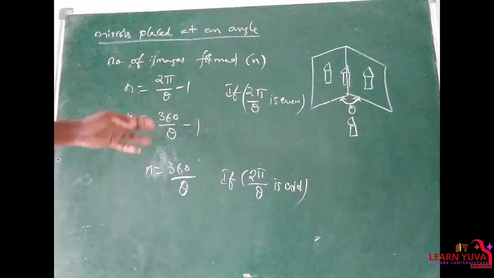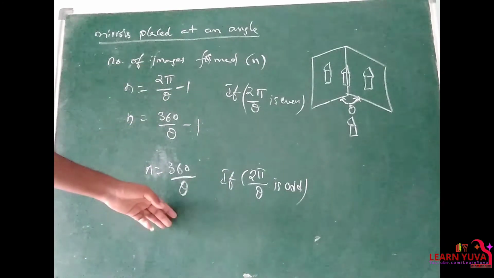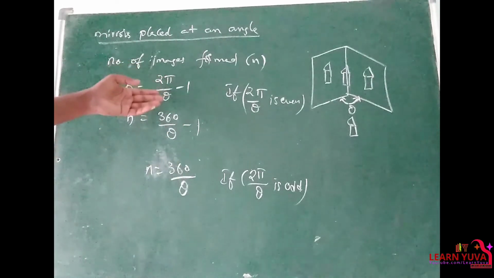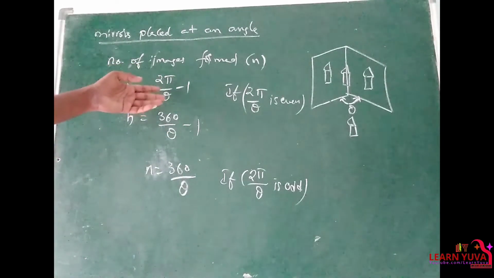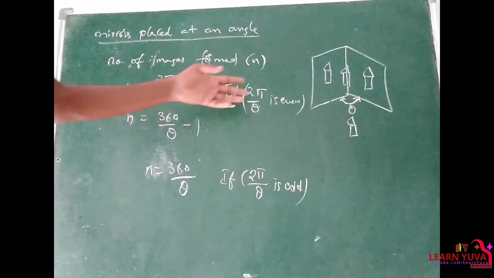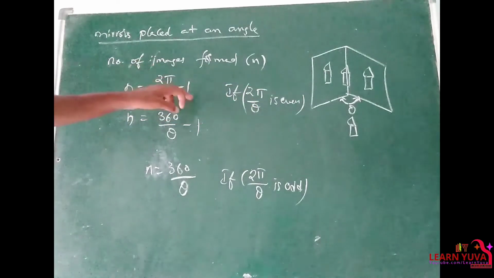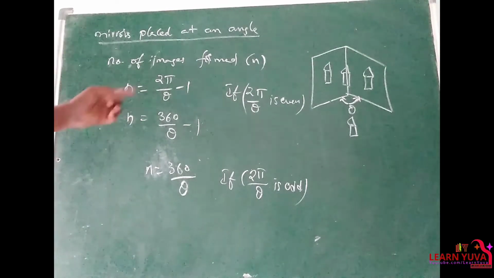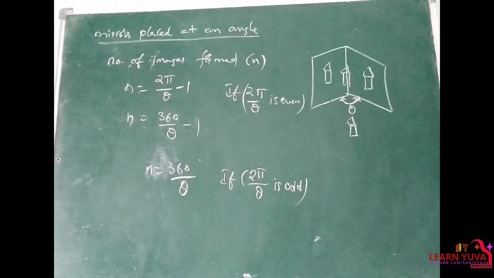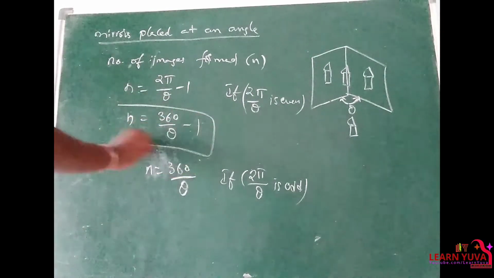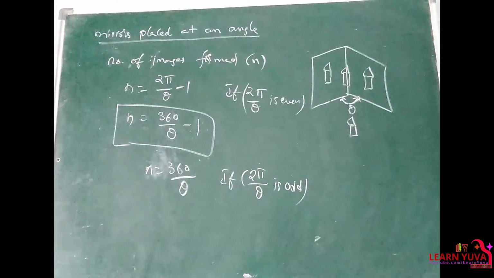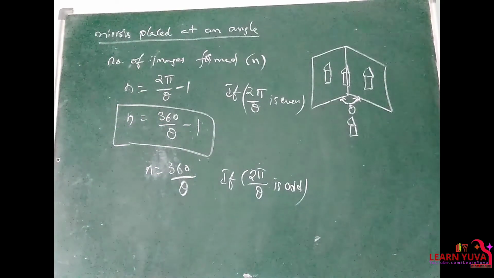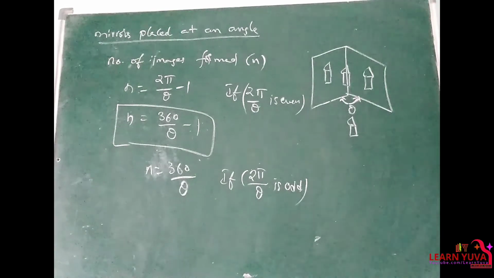If 360 by theta is odd, we apply the other formula. Generally, simply remember, n is equal to 2 pi by theta minus 1, that means 360 by theta minus 1. Clear? Later we can see problems based on this.